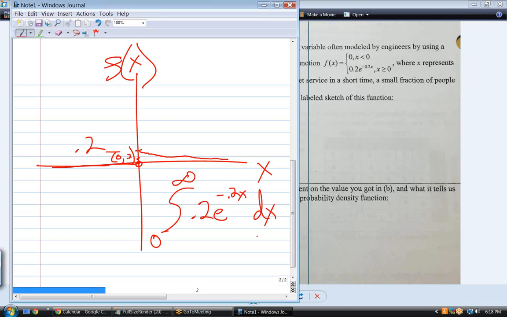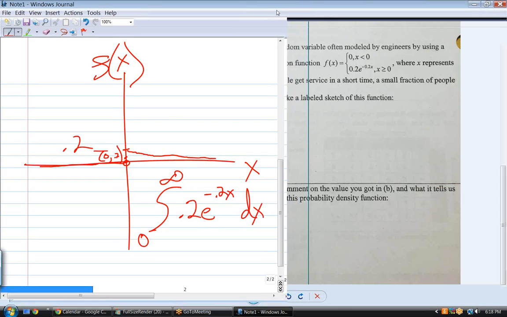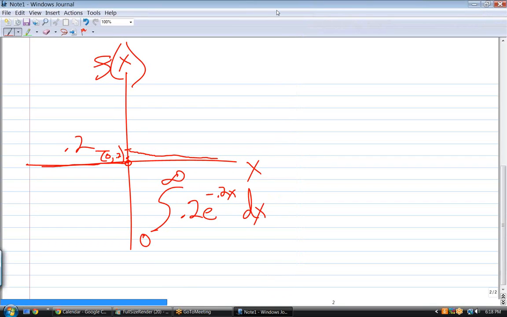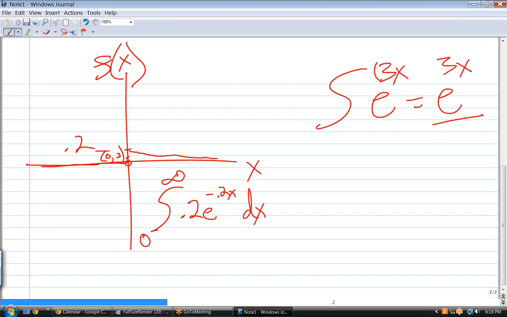That's actually fairly integratable. Let's do it. If we integrate e to the 3x, we get e to the 3x divided by the derivative of the inside.